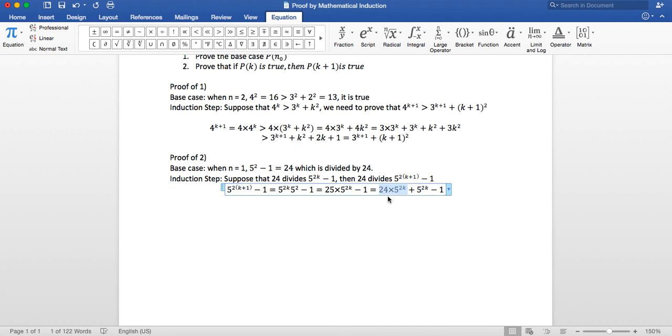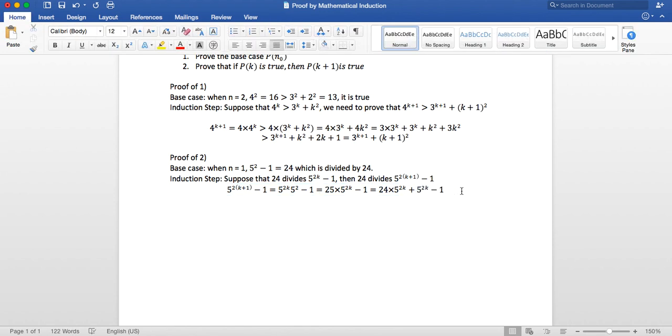This definitely is a multiple of 24, right? Then the second part, by your assumption, is also a multiple of 24 because 24 divides it. So a multiple of 24 plus a multiple of 24 is still a multiple of 24, which means this is a multiple of 24.